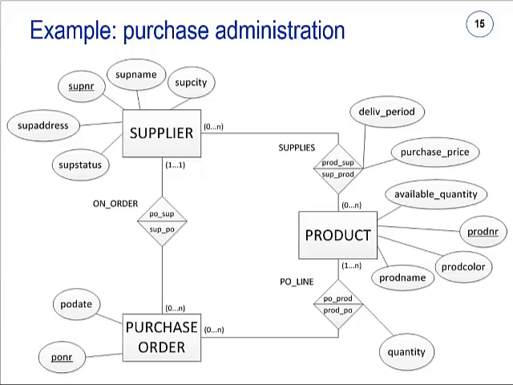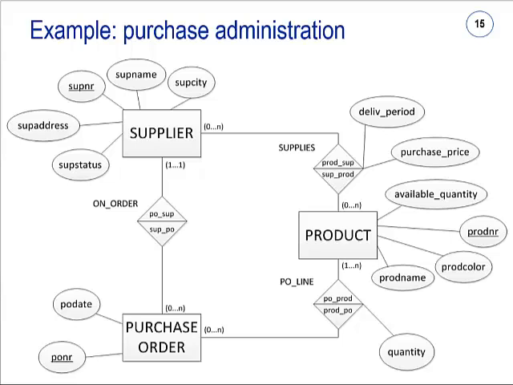Sarah Adams is a supplier entity. Pencils could be an example of a product entity. Pens could be an example of a product entity. So we are not going to focus on the individual entities, but on the entity types: supplier, product, purchase order. Each of those entity types has attribute types.